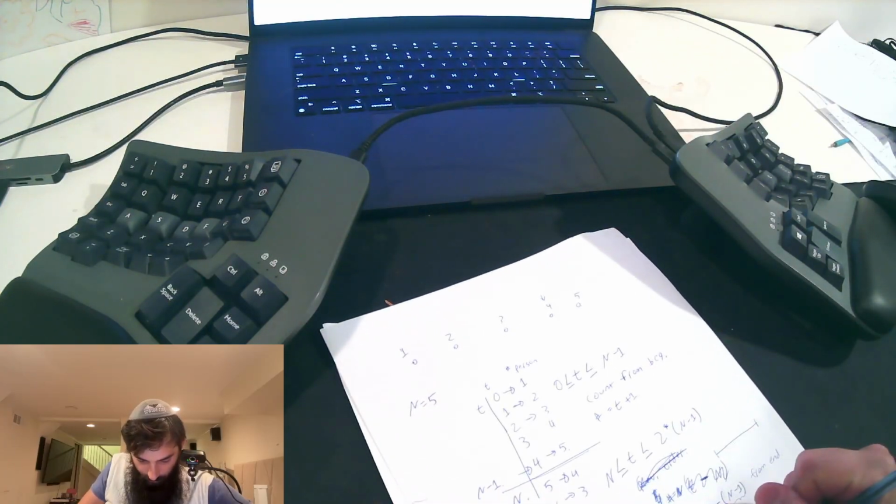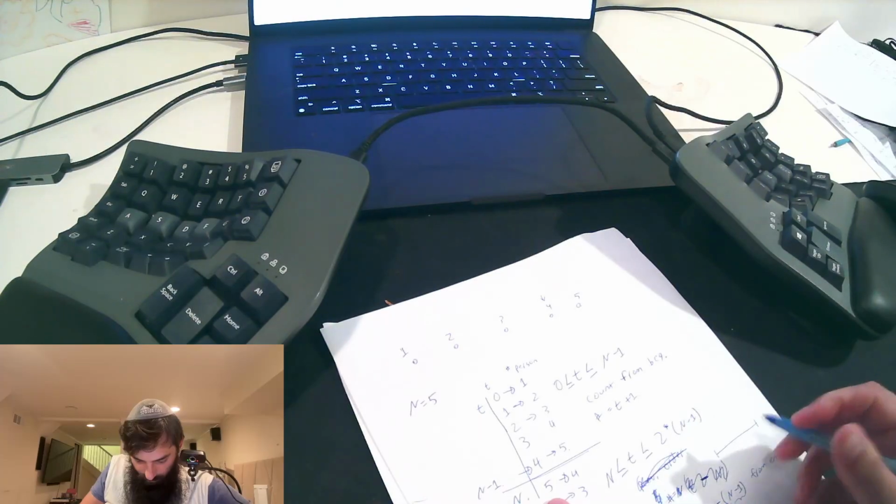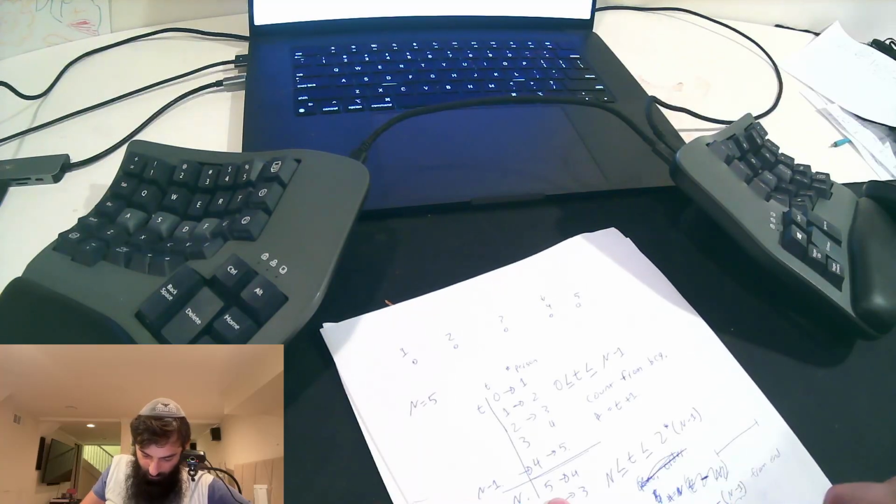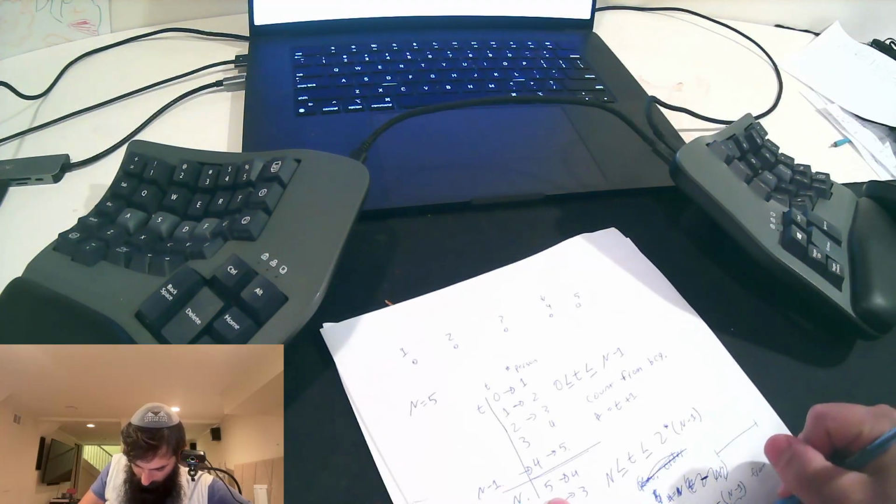So n is 5 minus t, t is 5, minus 4. 5 minus 1 equals 4. That's it, okay? So it's n minus t, and that's t minus n plus 1.